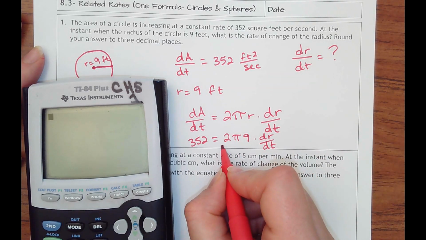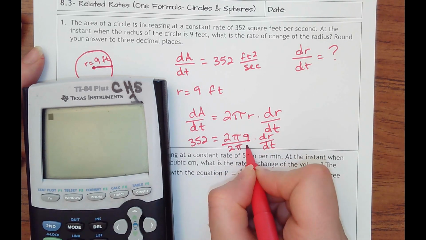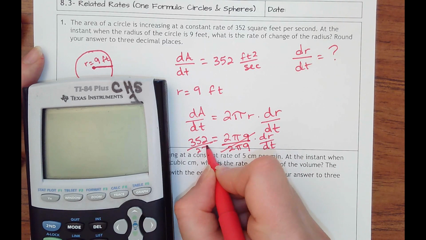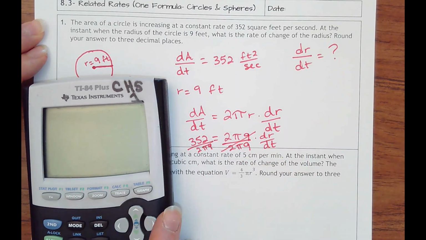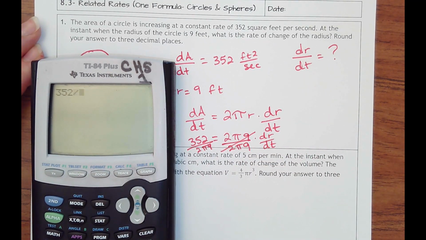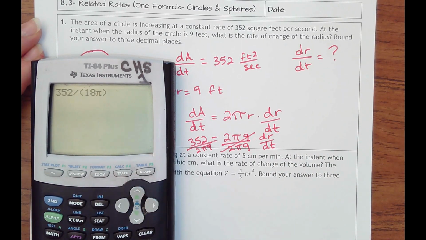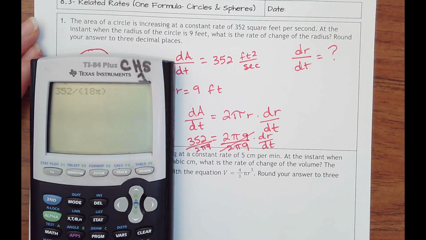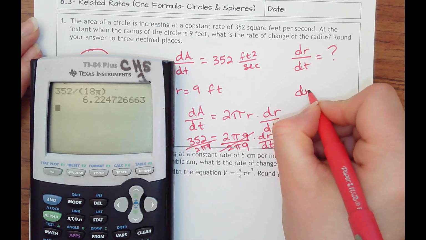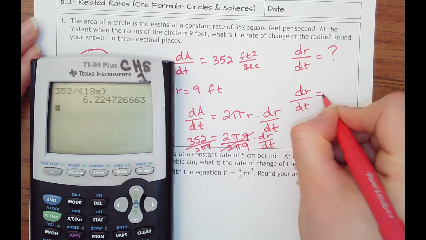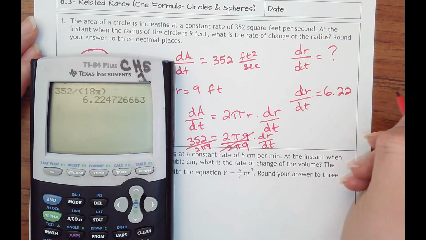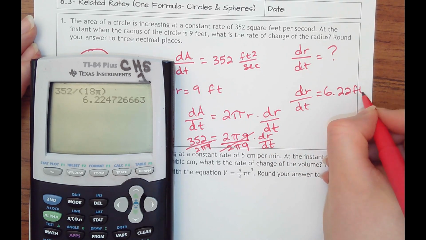So I'm going to just divide by 2 pi 9, or 18 pi. I like to put parentheses around it so it knows I'm dividing by that whole thing. And it said to 3 decimal places. So the radius to time is changing at 6.22 feet per second.